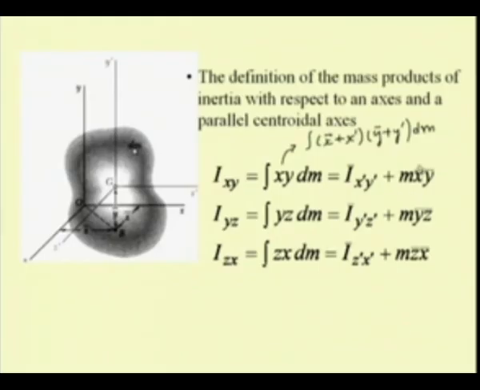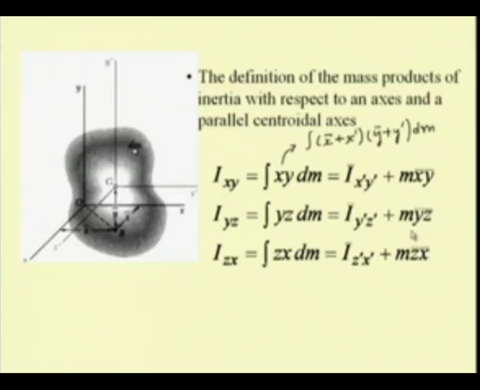One has to again remember that these x bar, y bar, z bar are nothing but the coordinates of the centroid, and in the same way we have the product of inertia I z x as integral z x dm, or when we expand it in this form and simplify, we have it as I bar z prime x prime plus m times z bar x bar.